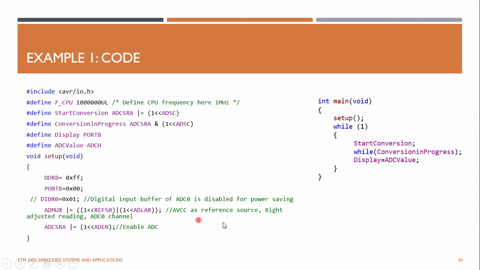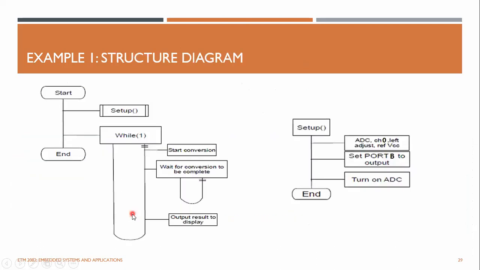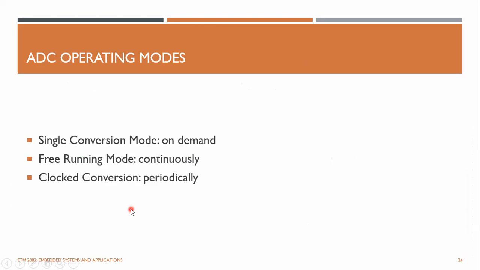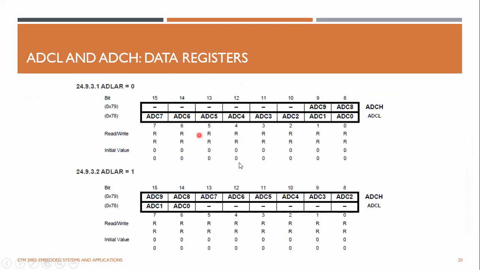And your data should be left adjusted. Like I mentioned, left adjusted means you are reading the topmost bits of the 10 bits. The bottom bits are neglected, so you are getting 8-bit accuracy of your reading.